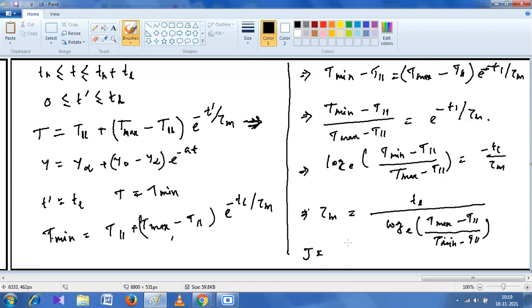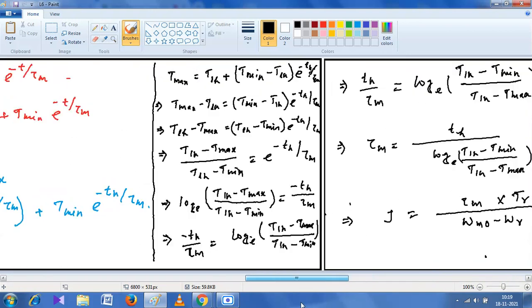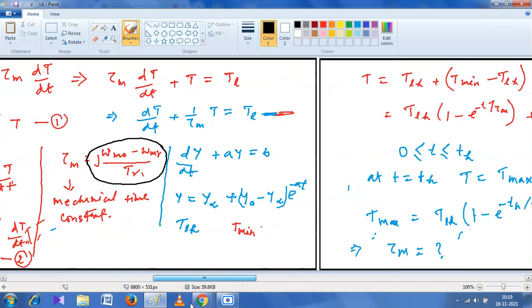Tell me, what is the value of tau m? J omega m0 minus omega mr upon tr.